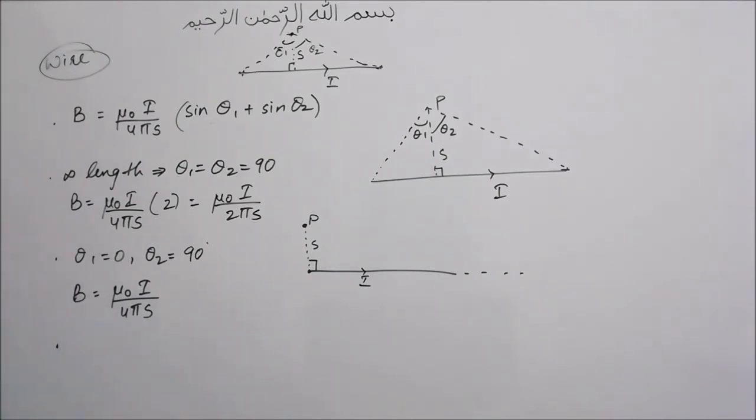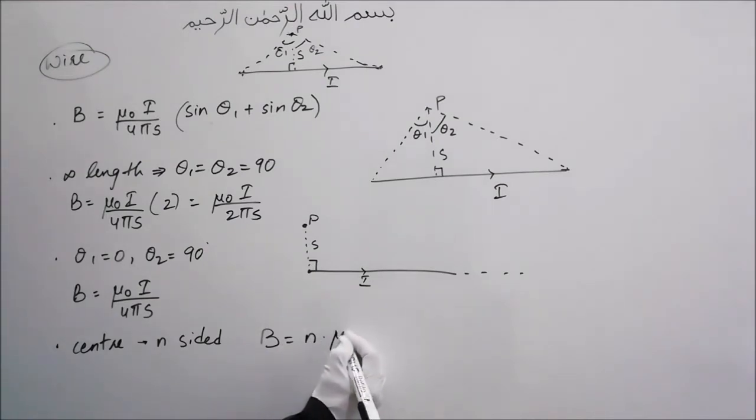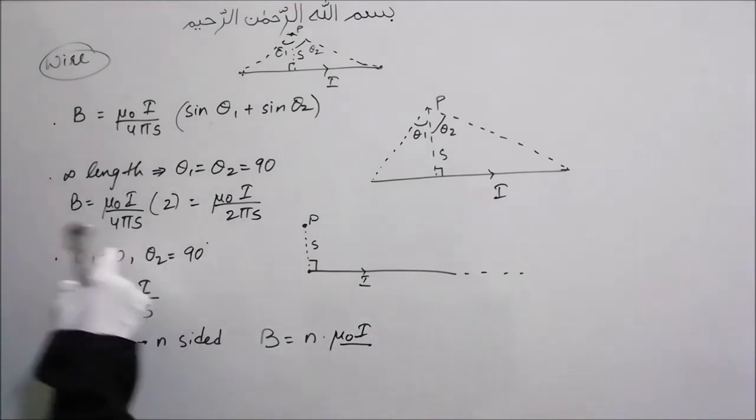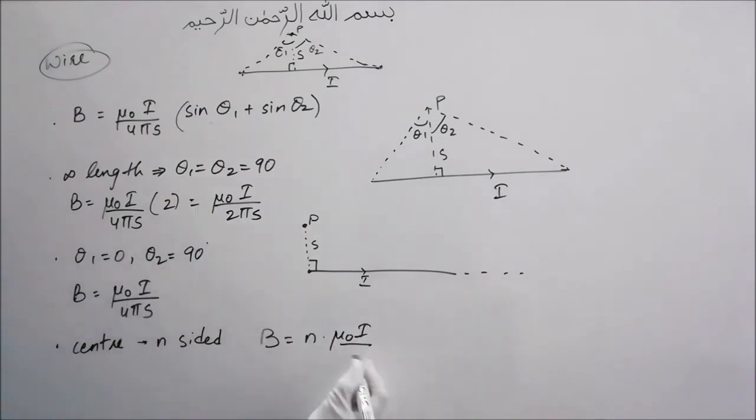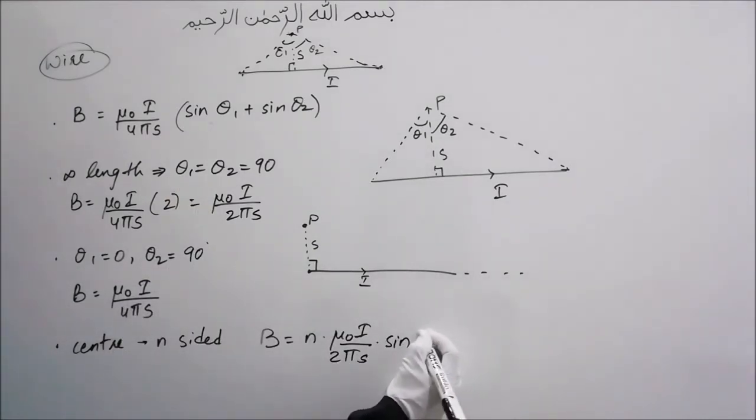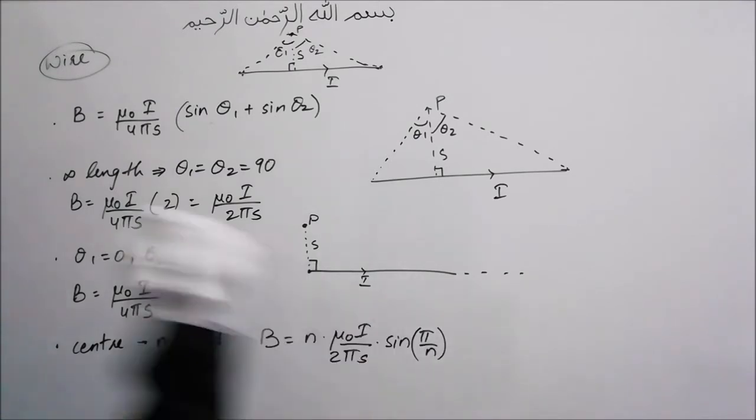And the magnetic field at the center of an n-sided regular polygon is given by B will be equal to n into mu naught I by 2 pi S into sine pi by n.